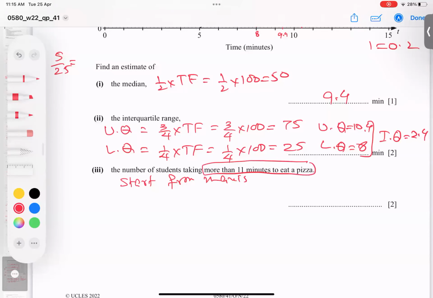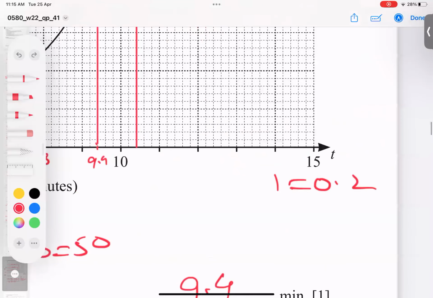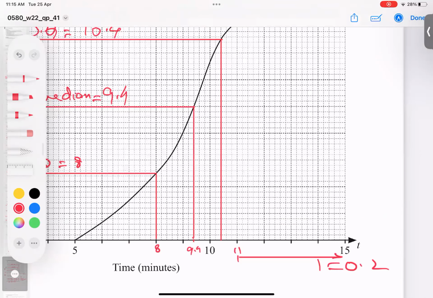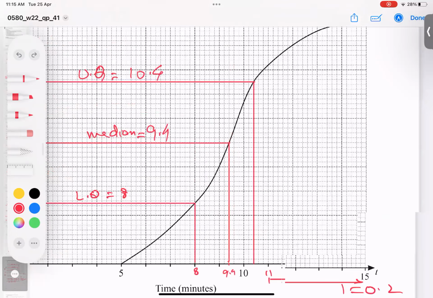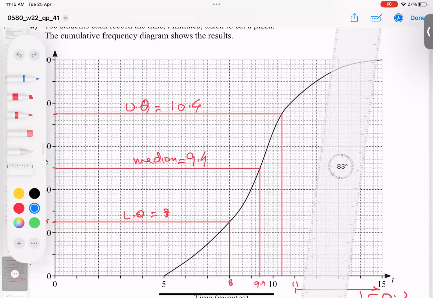More than 11 minutes. Okay. Where's 11? 10 is here, 11 here. This is 11, so from here till the end. So these are 2 pointers. From 11, I check the number. From 50, I check the number and then subtract the values. So let's see. I'll do it with the blue color so you can understand.